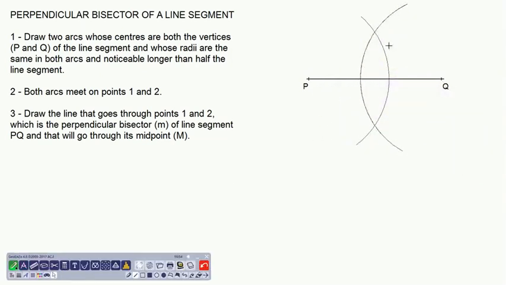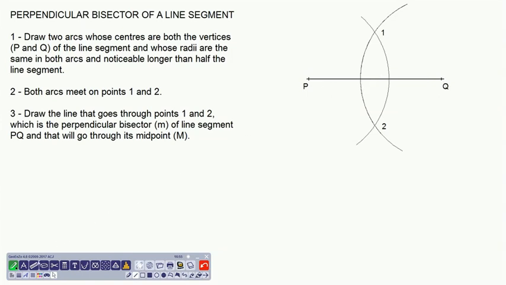If all of these points are at the same distance from point P and all of these points are at the same distance from point Q, these points where both arcs meet, point 1 and point 2, will be at the same distance at the same time from point P and to point Q.